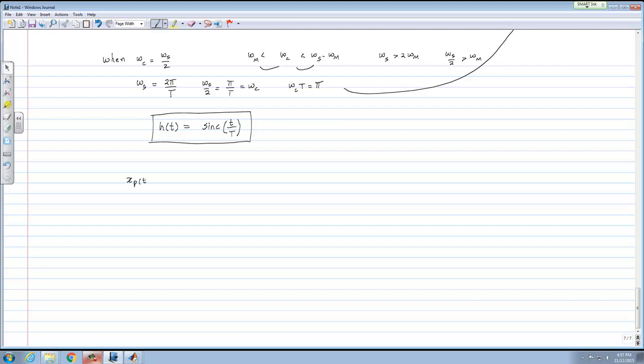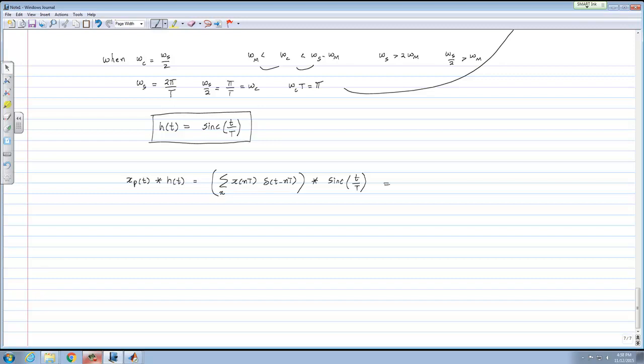So x p of t convolved with h of t is the summation over n of x of nT times delta of t minus nT. This is x p of t. I'm going to convolve this with sinc of t over T.